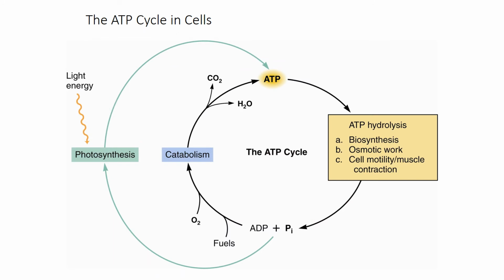So this is just a big picture. ATP can be formed from photosynthesis in phototrophic cells or from catabolism in heterotrophic cells. We have energy-requiring activities that are powered by ATP hydrolysis. So from catabolism, we get CO2, water, and ATP.